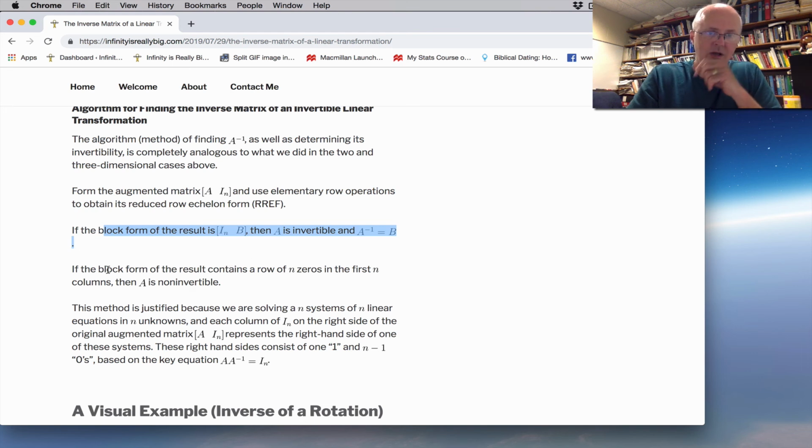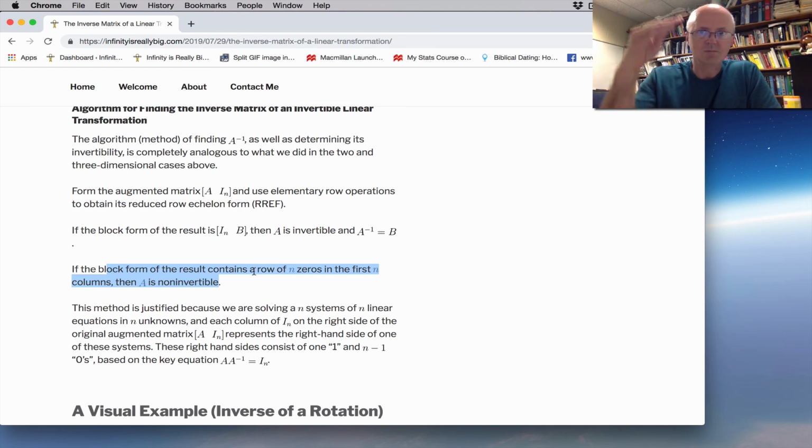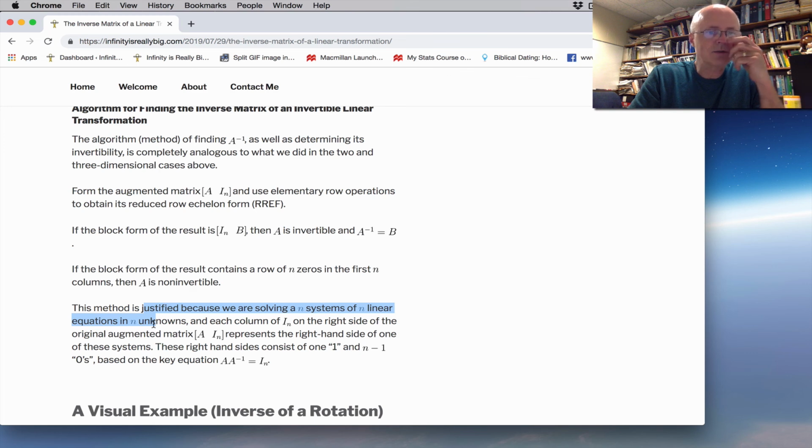If in fact the block form contains a row of zeros in the first n columns somewhere, so one of the rows in those first n columns is all zeros, that doesn't mean that the numbers on the right side are 0, the last n columns, then A is going to be non-invertible. If you can't get an IN here on the left, that's what I'm trying to say. This method's justified ultimately by the same kind of reasoning with those special cases.